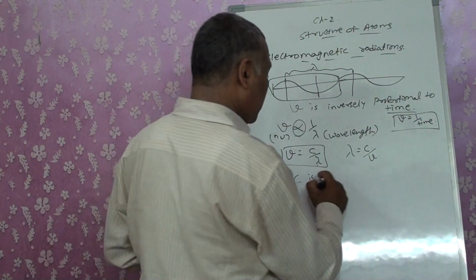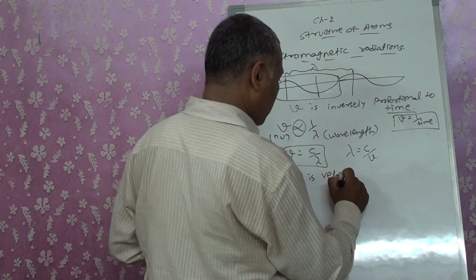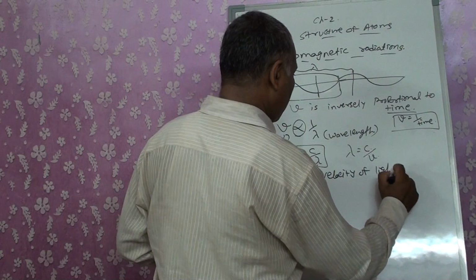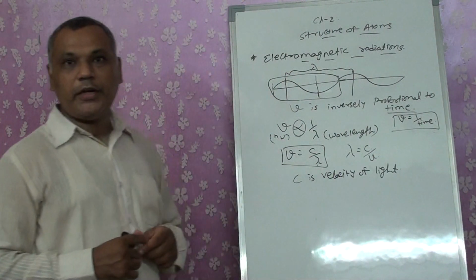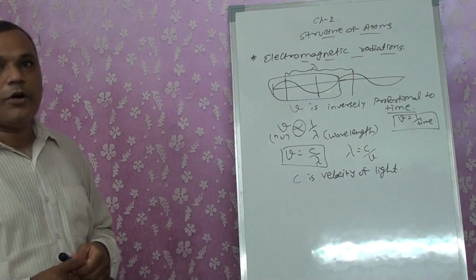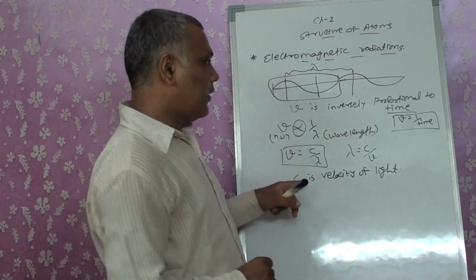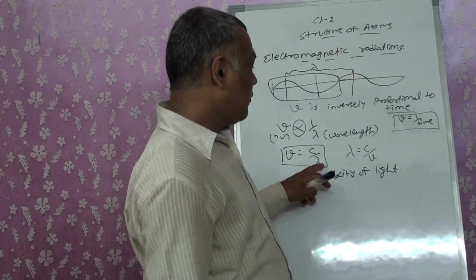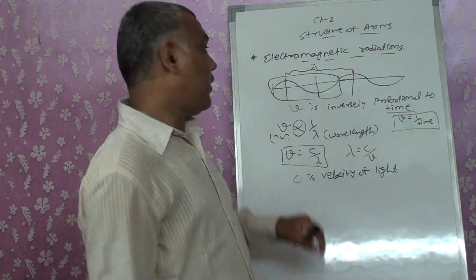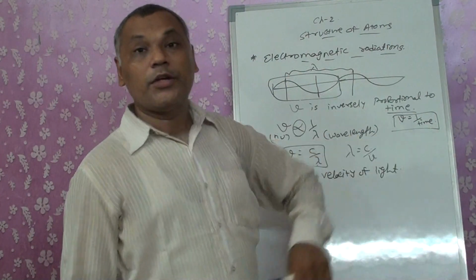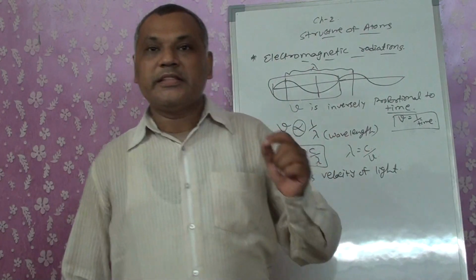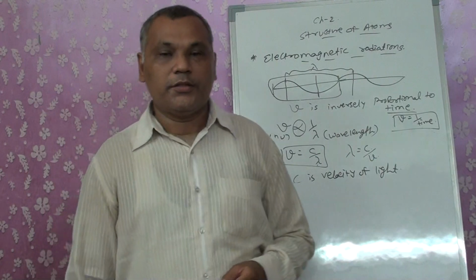C indicates the velocity of light. So we get frequency, wavelength and time having a relation which helps us know the wave nature, right? This is the first nature that we discussed.